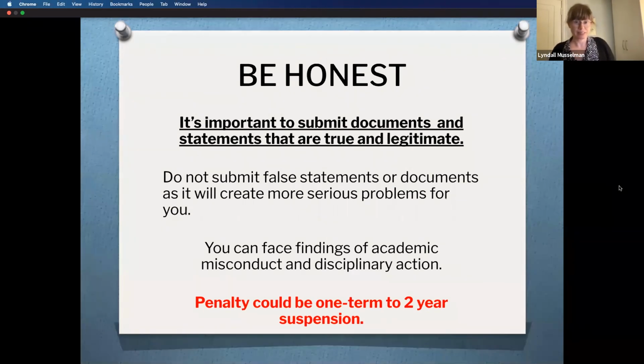Ryerson's Policy 60, the academic integrity policy, does stipulate that if there's a submission of false or misleading information in documents submitted to the university, such as appeals, you could be investigated for academic misconduct.